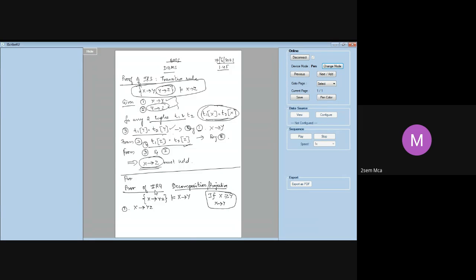If x is a superset of y, then I can write x determines y. Here, the second step, I can write yz determines y. Why? How can I write like that? I'm not doing anything, but I'm just using our IR1.